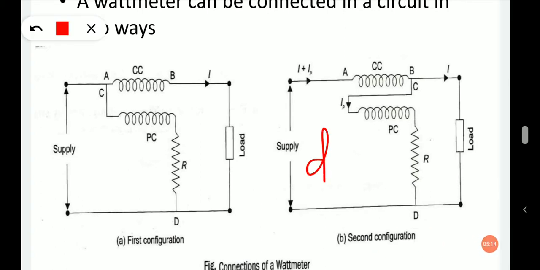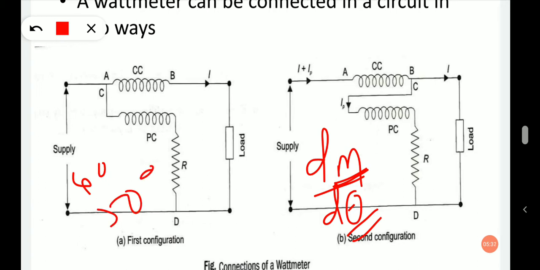The scale of the wattmeter is so designed that M varies linearly with theta over a range of 40 to 50 degrees on either side of the zero mutual inductance position.